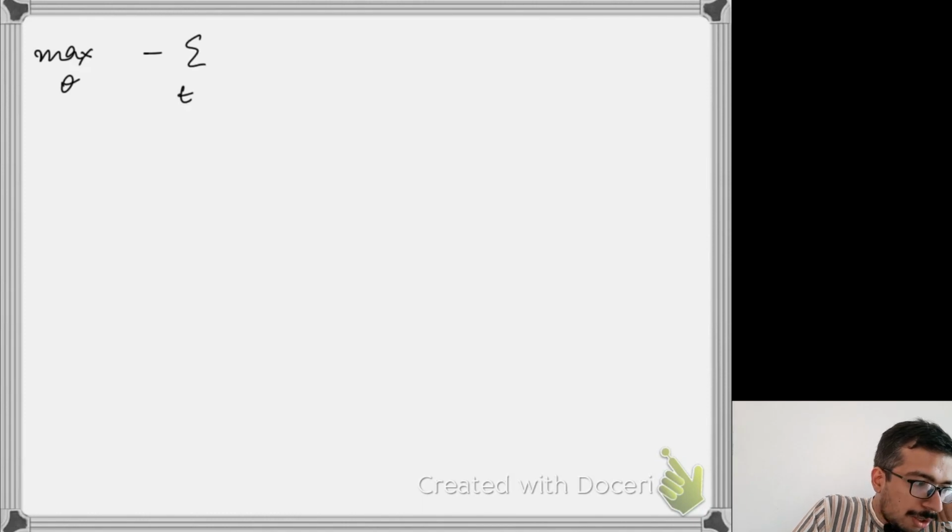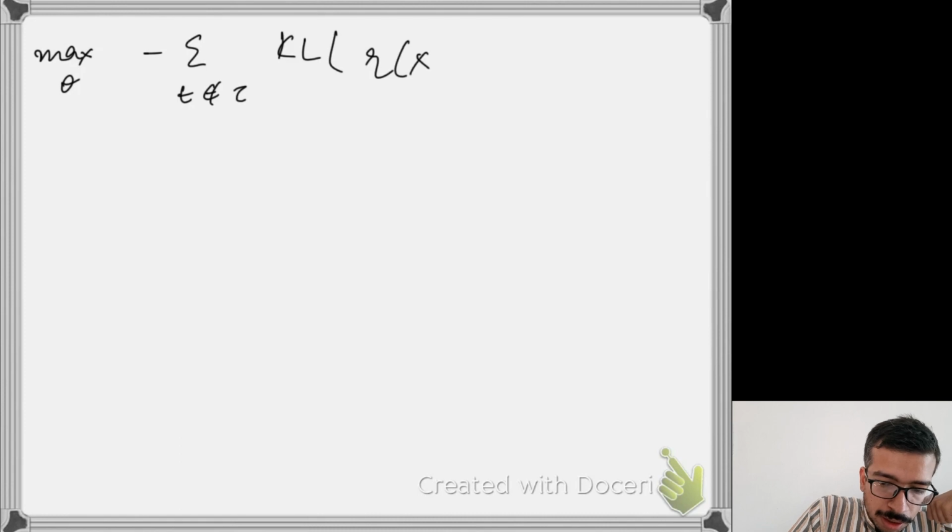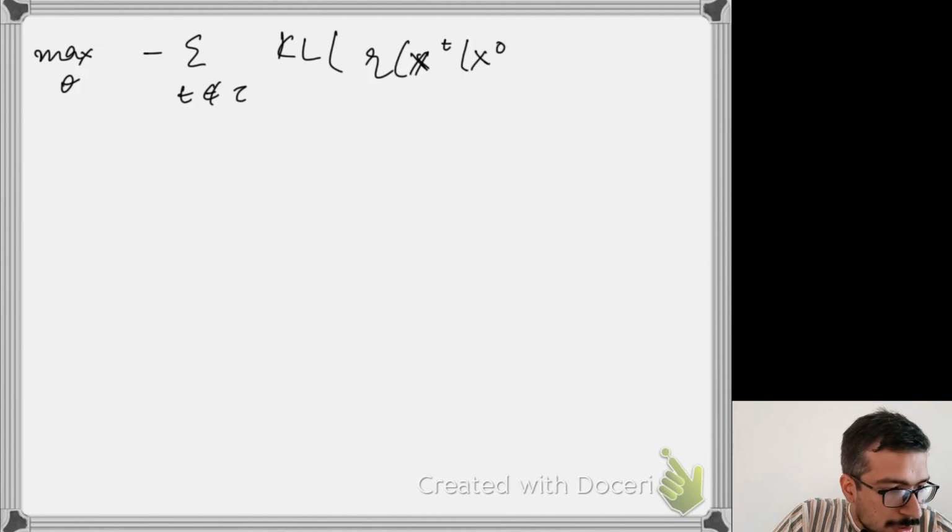So essentially we are going to now maximize with respect to theta minus the sum over t not in tau of KL divergence between q of x_t given x naught and p theta of x_t given x naught.